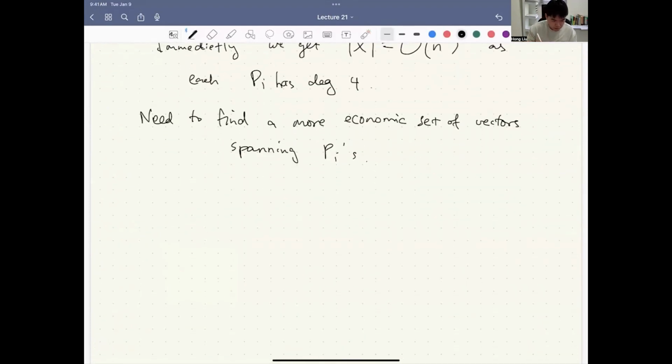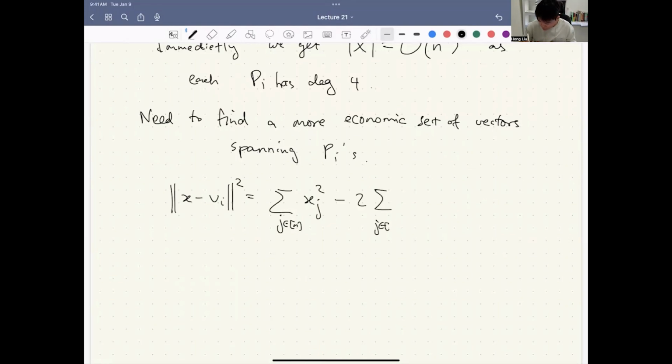So a factor, write it out: x minus v_i squared is the sum over j in n coordinates of x_j squared minus 2 x_j v_i, the j-th coordinate of v_i, plus v_i's norm squared, which is this guy.